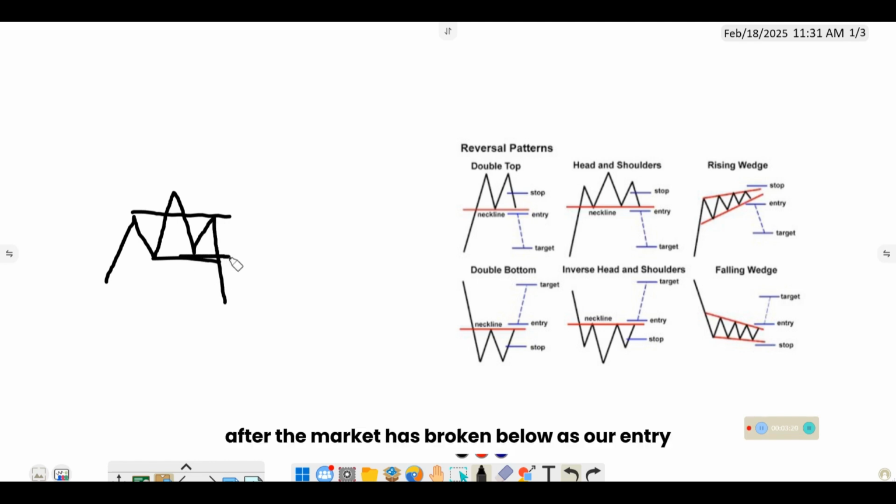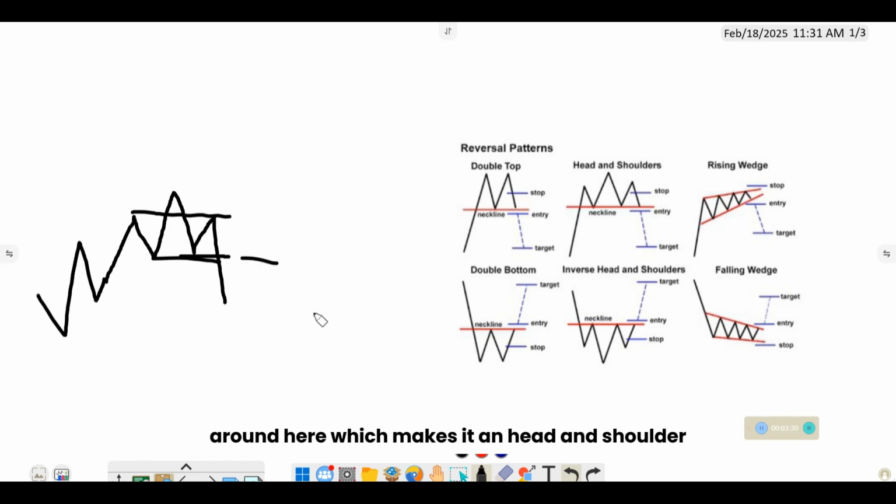We enter after the market has broken below as our entry, then our target could be at this previous low around here. So we have two shoulders and one head. That's what makes up a head and shoulder pattern.